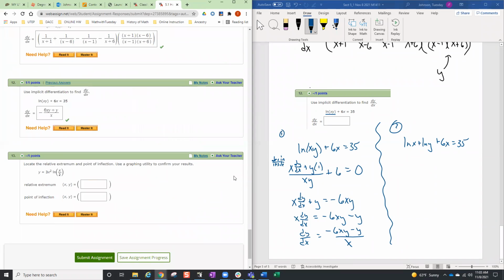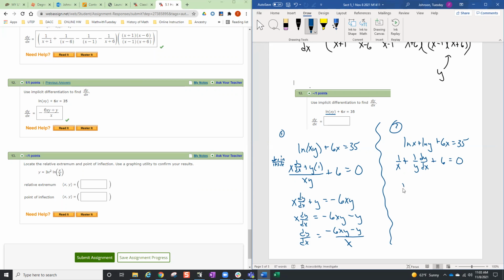But if you get in the habit of always simplifying your logarithms, it'd be nice to know that you get the same answer. So let's check it out. The derivative of the natural log of x is 1 over x. The derivative, plus sign. The derivative of the natural log of y is 1 over y dy dx. The derivative of 6x is 6, and the derivative of 35 is 0.